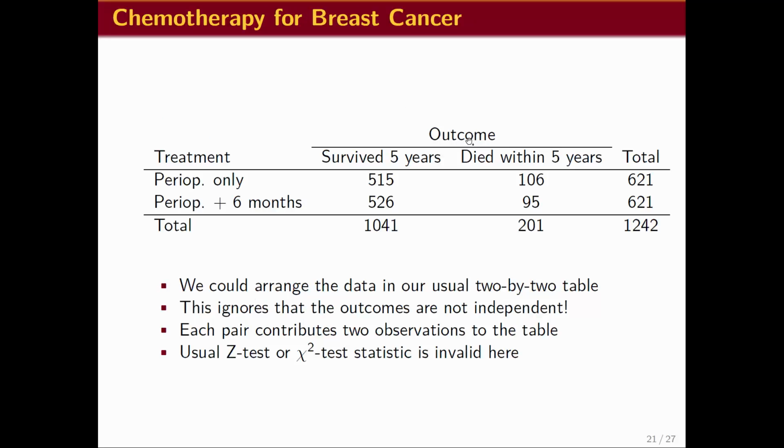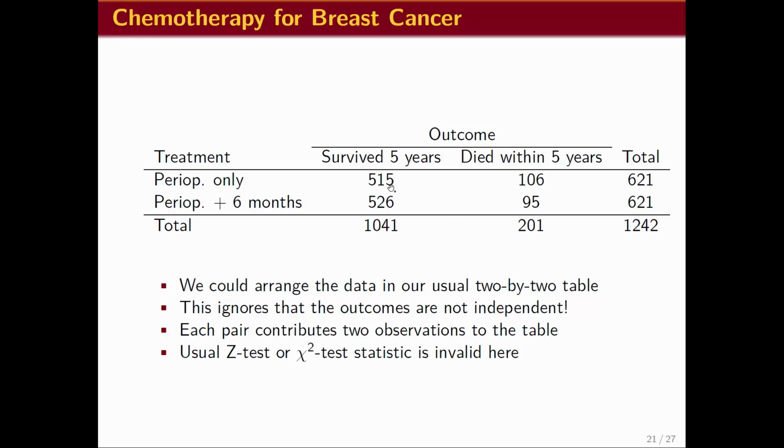So let's think about a table that looks like this. If we think about exposure versus disease, our treatment is perioperative chemotherapy only versus perioperative chemotherapy plus an additional 6 months of chemotherapy. And our outcome is whether or not you survived or died. So you think, well, great, we could put the data in this table.